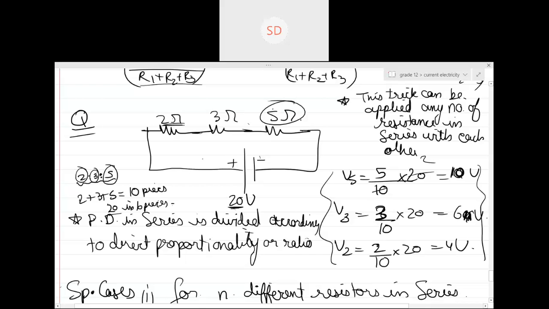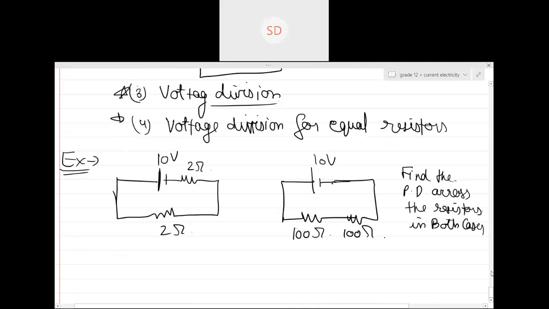So 1 piece is 2 volt, 2 pieces, 4 volt. 3 pieces, 6 volt. 5 pieces, hence 10 volt. You already studied direct proportionality, ratio and proportion, in grade 4 to 5.